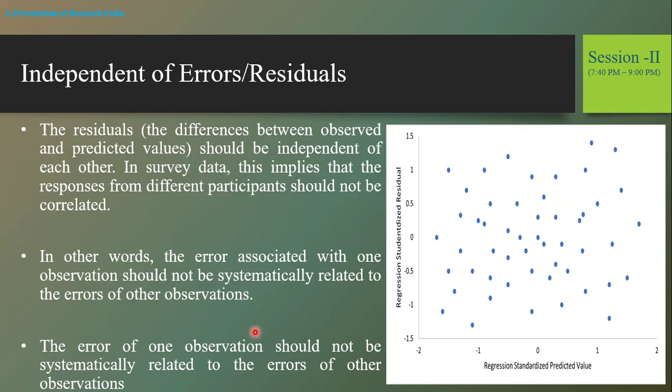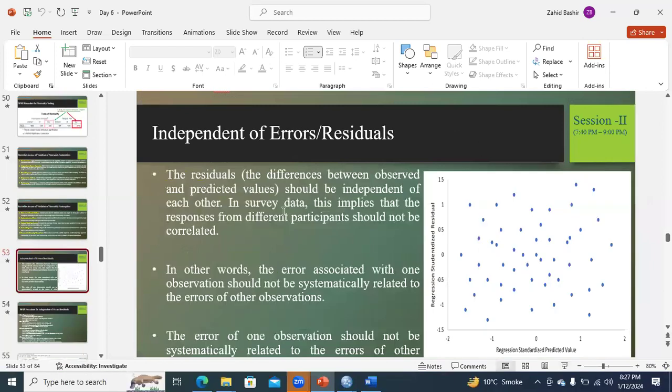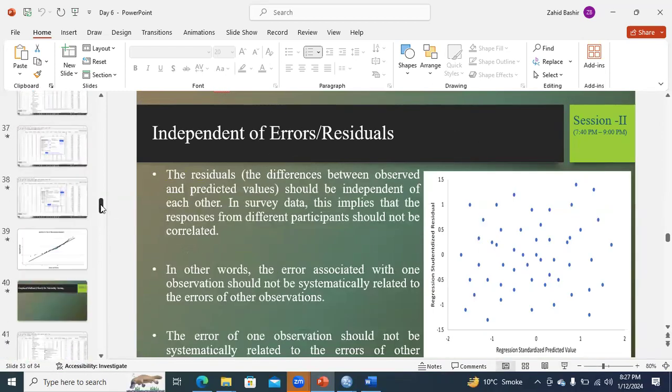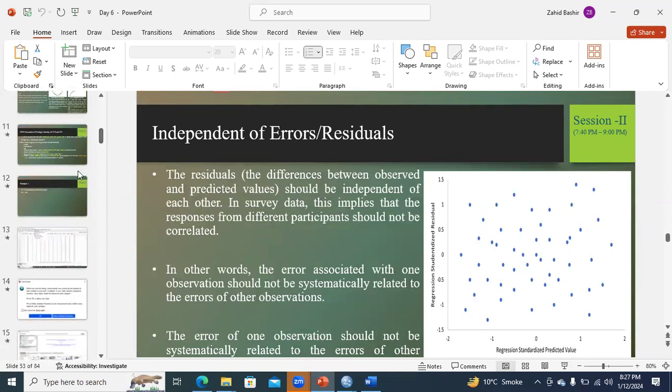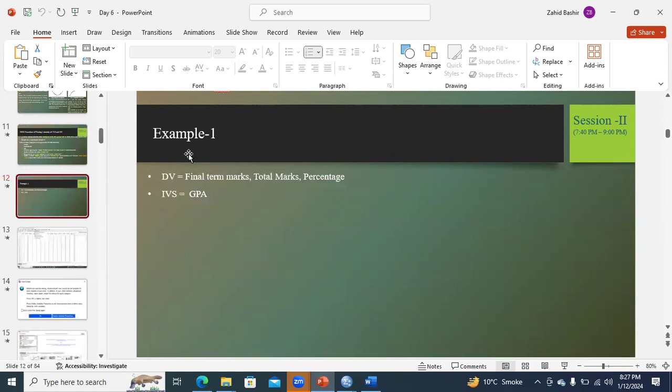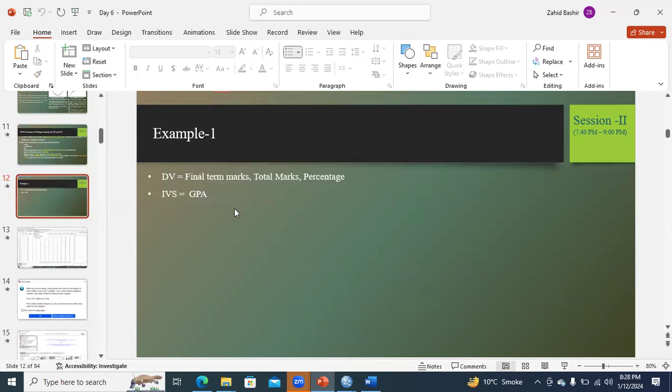But before applying this assumption, I would request all of you to please check the normality assumption on the previous combination of your data set. We have example one, and I have checked the final term marks with GPA for checking the normality of the data.